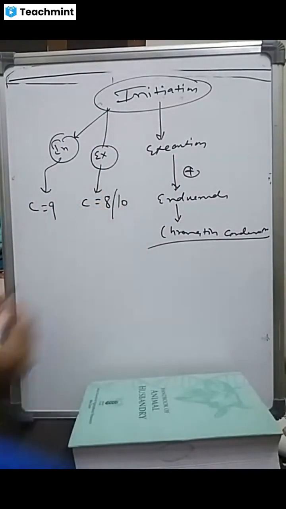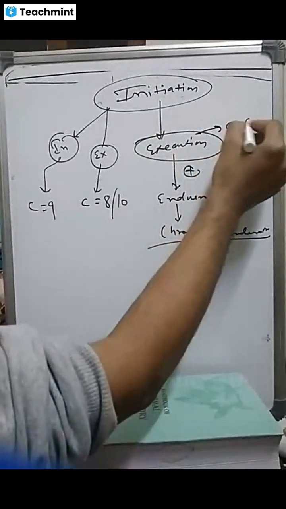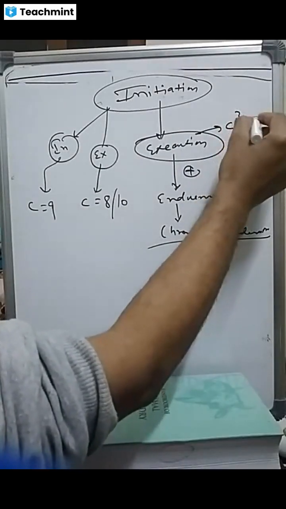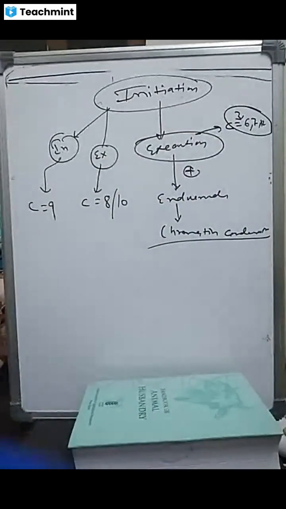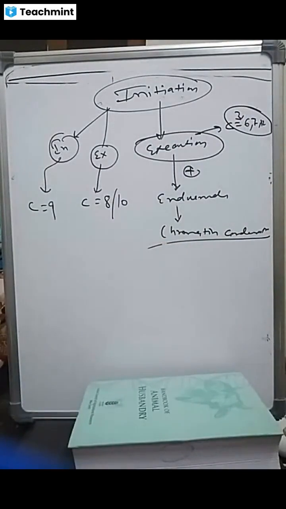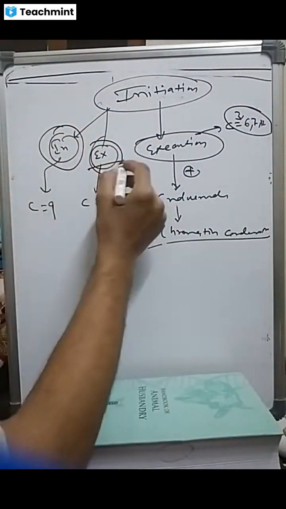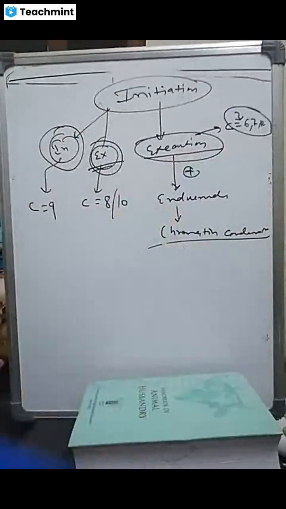In humans, it is 10. They play the role. The execution role is played by caspases 3, 6, 7, and 12. They then activate chromatin condensation. So first we'll see what the intrinsic pathway is, then the extrinsic pathway, and what the execution cascades are.